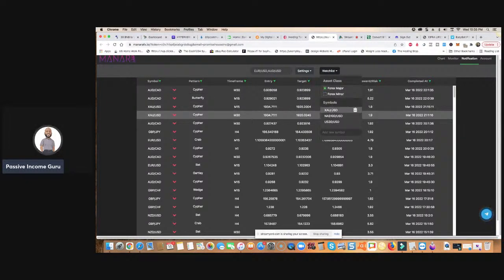As you can see, I added gold and the indices here. You can add any symbol or any pair you want right here, guys, and the tool will go to work for you. It's like having a personal 24-hour assistant that scans the market for you and gives you the perfect setup. That's what this tool does.